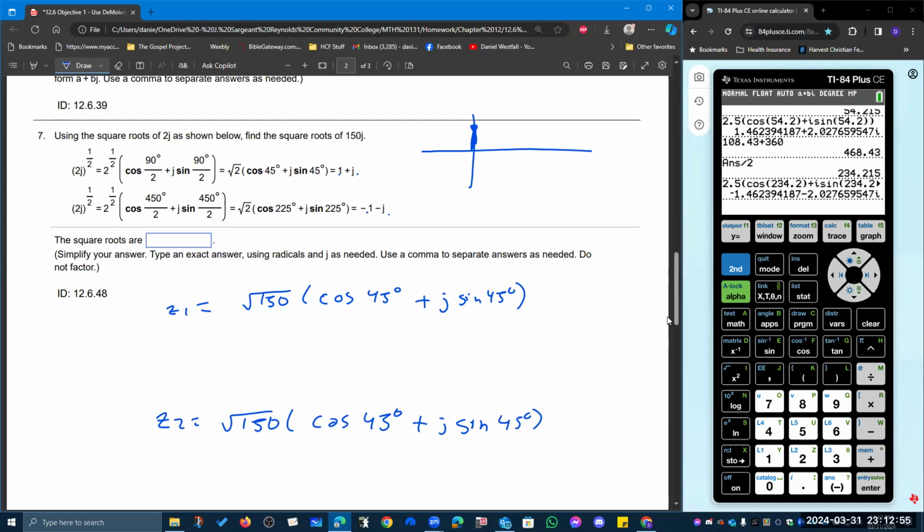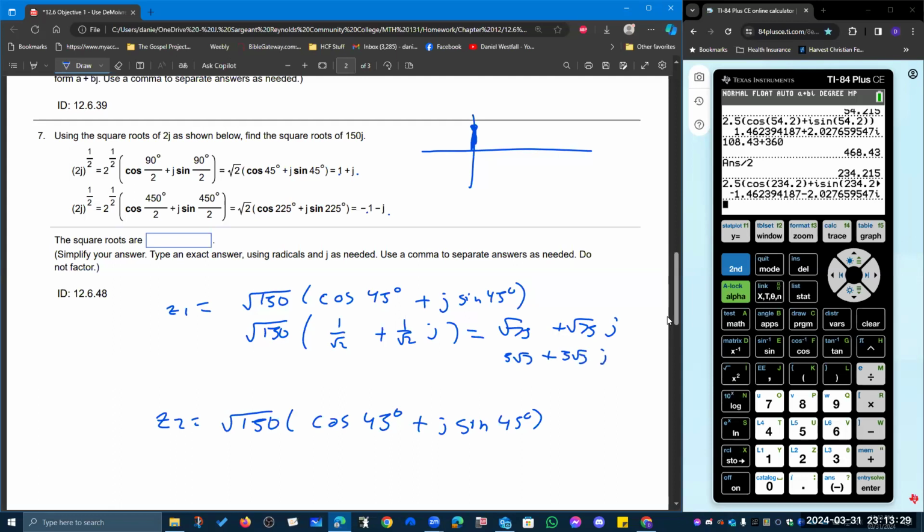So this is going to be root 150 times root 2 over 2, or let's call this 1 over root 2, plus 1 over root 2 j, and that's going to give me root 75 plus root 75j, and this is 5 root 3 plus 5 root 3j.